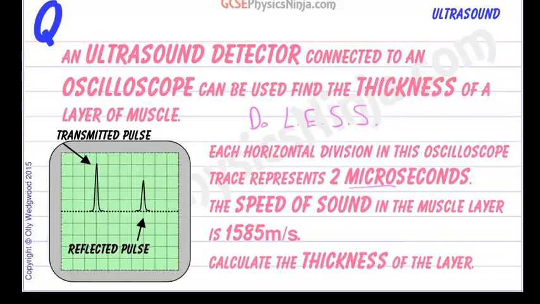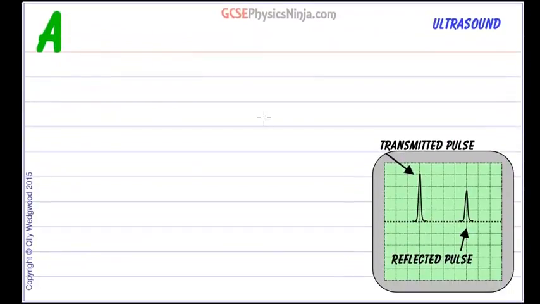So let's first of all take a look at what's going on here. We've got an ultrasound transmitter and receiver, and we're investigating the layer of muscle. So we might have an ultrasound transmitter and receiver, and that's being placed on the area of the body under investigation, and we've got a layer of muscle just here that we want to know the thickness of.